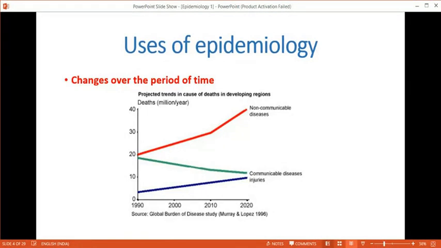The communicable disease, because of all these epidemiology studies and finding out new treatment modalities, has actually come down. Whereas the deaths because of the non-communicable disease have actually been going up. So when you look at it, you can see the trends which are actually happening in the real world now.